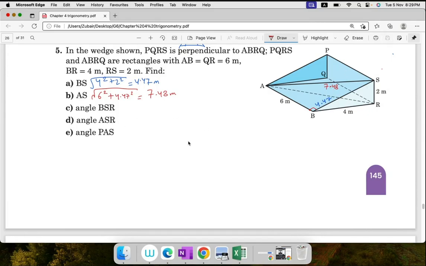Angle BSR. We will use tan for this, right? Tan of BSR, I'm getting 26.57, 4 by 2.